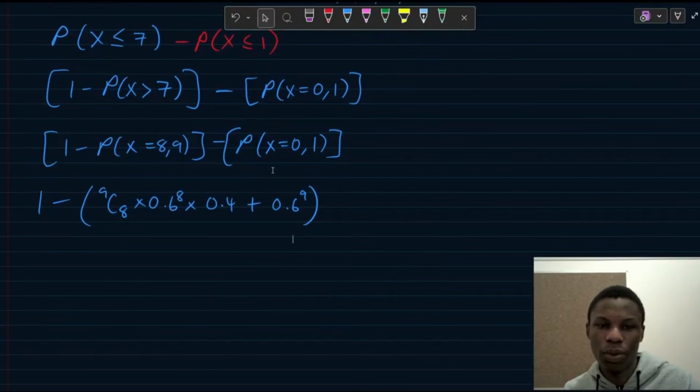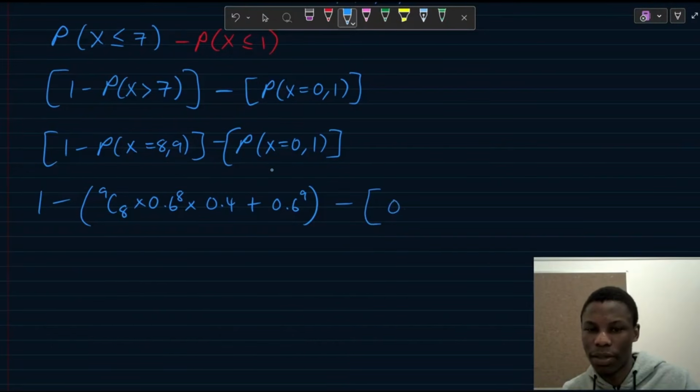So that's just 0.6 to the 9. Minus, then we want to do x is 0. For x is 0, we want no successes, so we have to fail 9 times, which is 0.4 to the 9, plus x is 1, which is 9 choose 1 times 0.6 to the 1 times 0.4 to the 8.